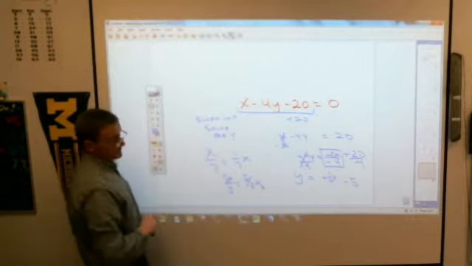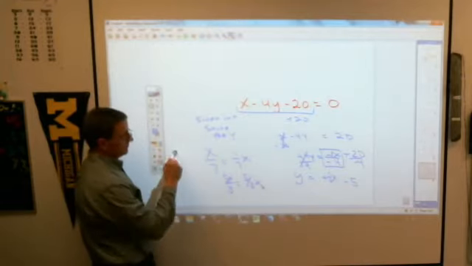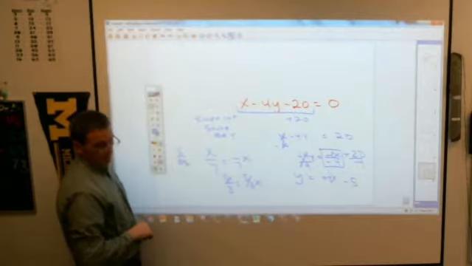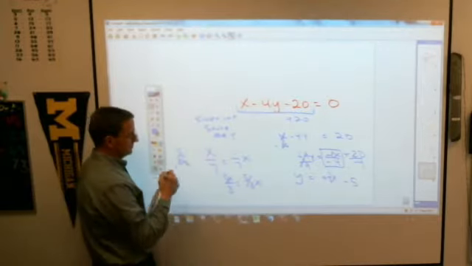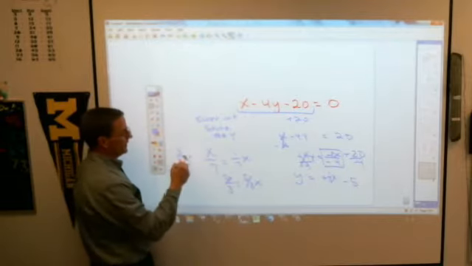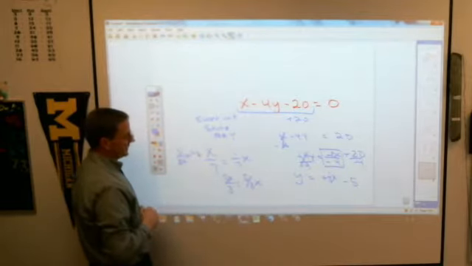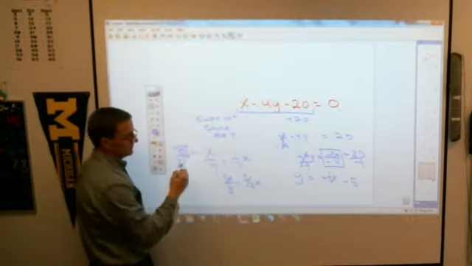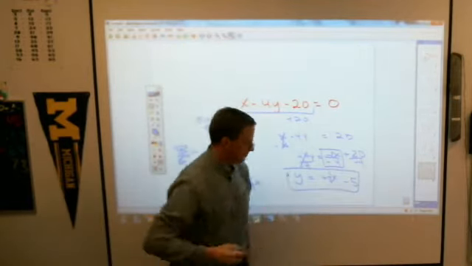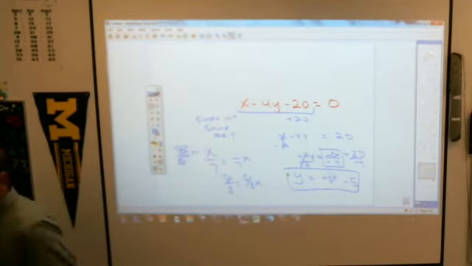Now you can't do that if x is on the bottom, by the way. If you have 5 over 3x, it doesn't work that way. The x has to be on top. What if it is on the bottom? Is there any way you could solve it? You'd have to multiply everything by 3x and get it to the other side. But that would be it. So then you can graph this. It's pretty simple to do, I would think.